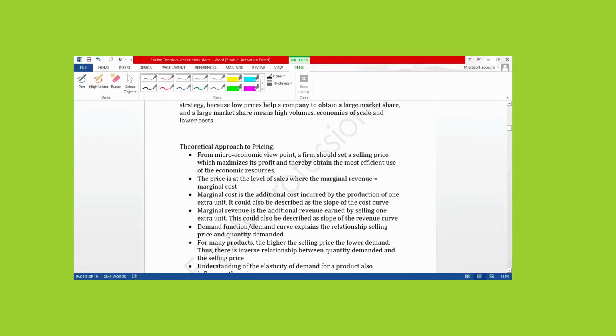Based on economic theory, companies are in business to maximize profit for the owners. Hence, companies should set the selling price that will give the company the highest profits.